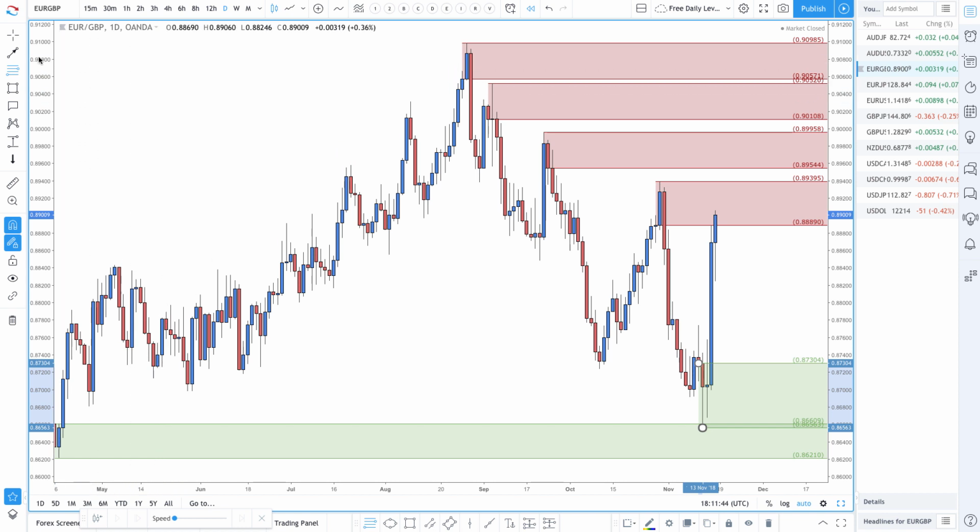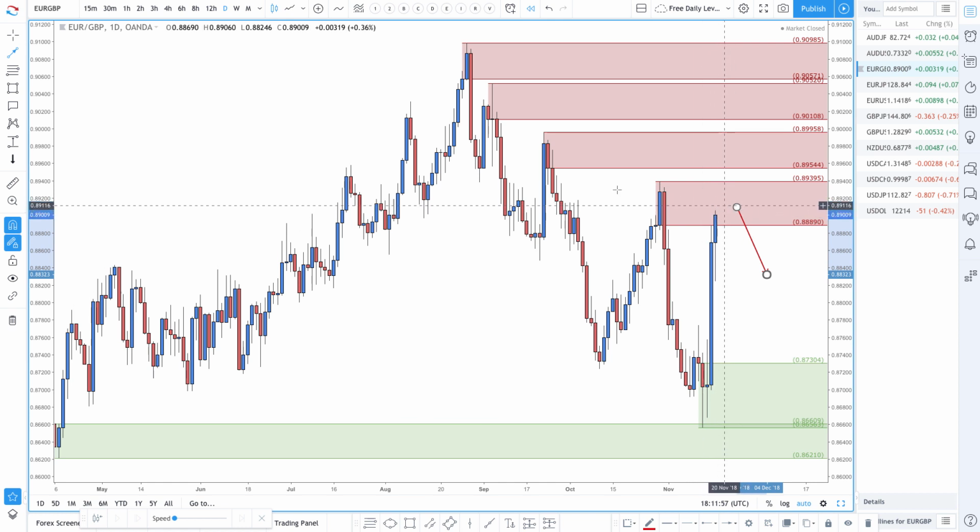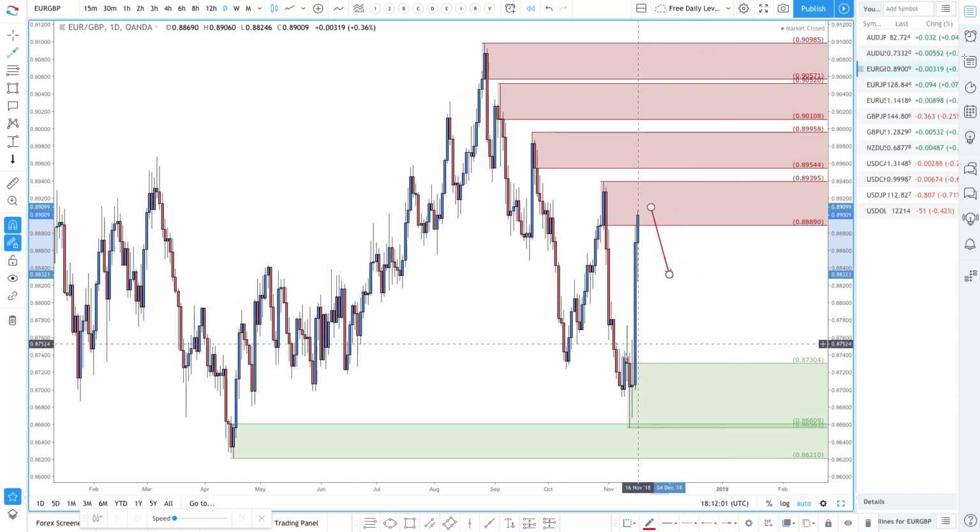Right, and we're up into what would have been considered a bargain area for the British pound previously. So if you're looking to buy the pound over the euro, this is the first area you're looking to buy. If you're looking to buy the euro, then you pretty much missed your opportunity.